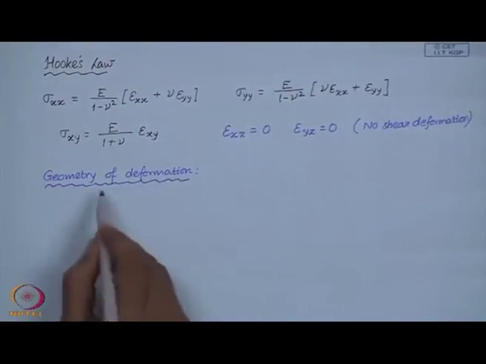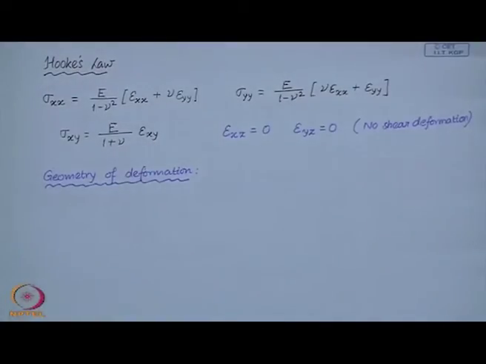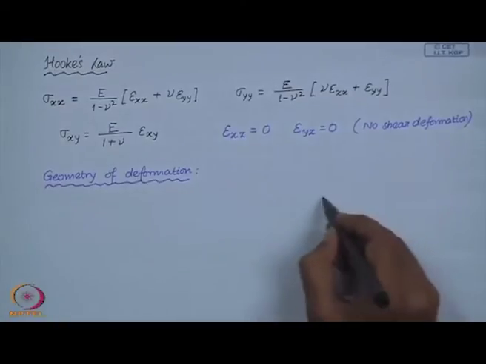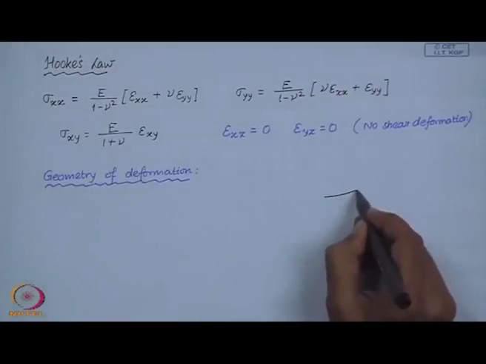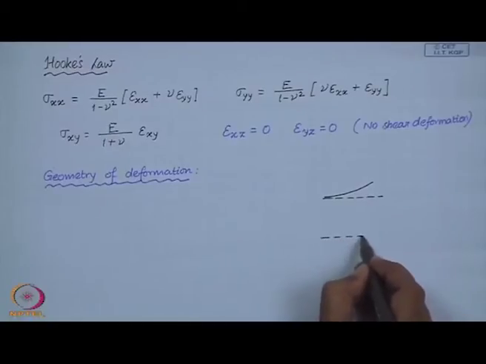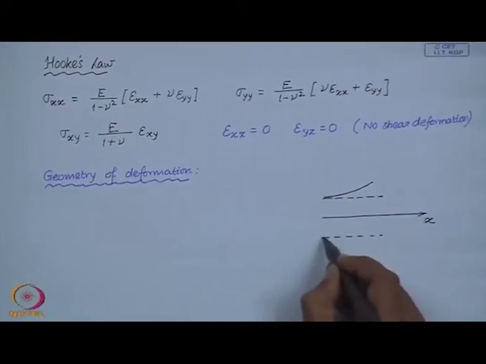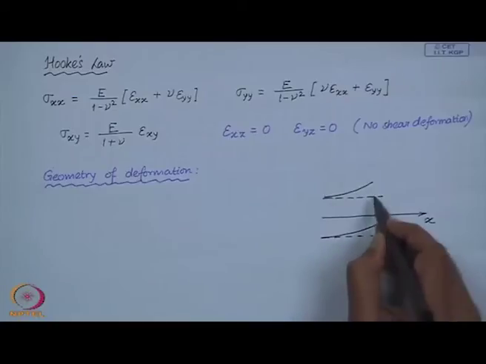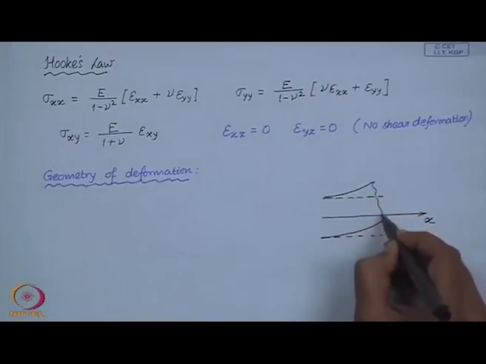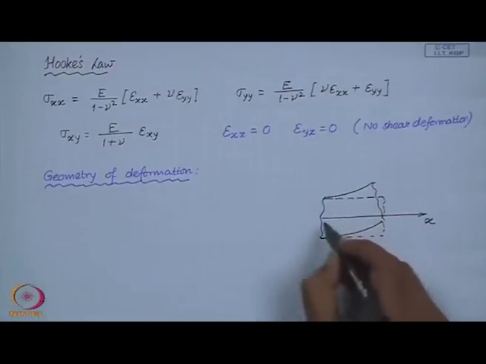So that we can calculate the strain in terms of the deflection of the plate. So, let us consider the plate initially undeformed, represented by this dashed curve, let us say along the x axis, and this deflects in this manner.